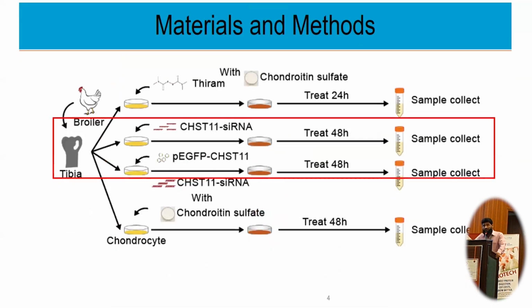Along with the in vivo trial, we also did some in vitro experiments for confirmation of this effect of chondroitin. In the in vitro trial, we did a knockdown experiment. We got some beneficial effect by knockdown of the CHST11 gene.